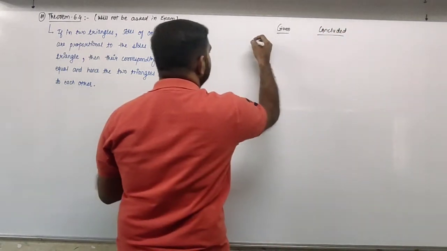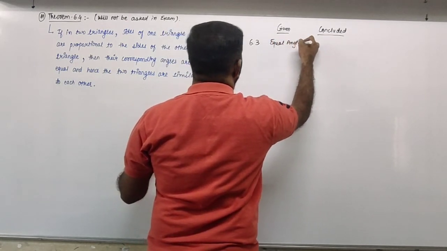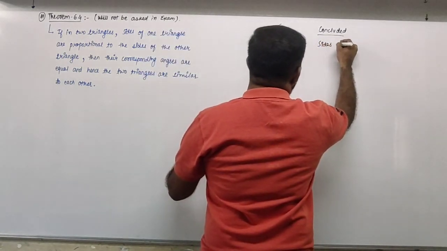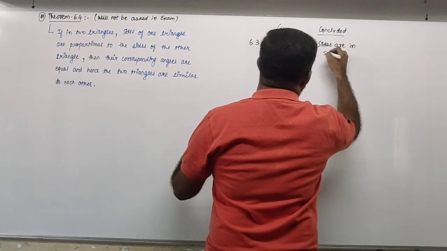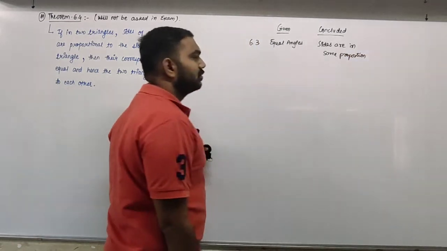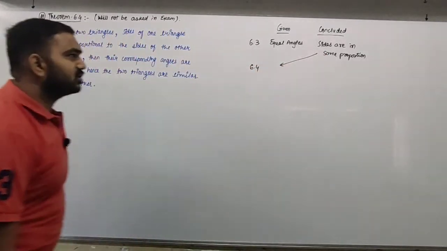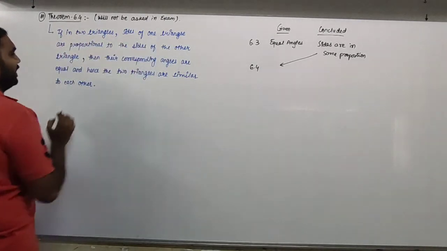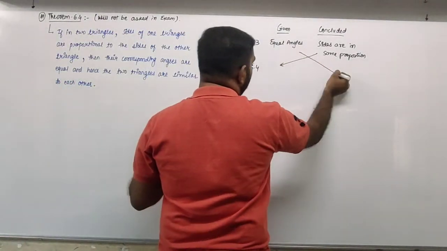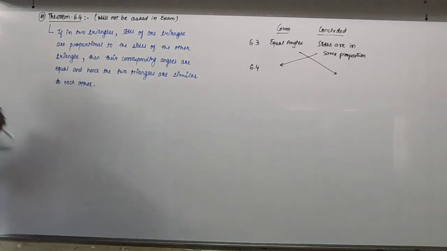What was given and what did we just conclude? Angles are equal and we concluded that the sides are in same proportion. Right? In theorem number 6.4 we were given that sides are in same proportion. You can check that. If in two triangles the sides of one triangle are proportional to the sides of the other triangle, that is given. And what did we just prove? That their corresponding angles are equal and hence the triangles are similar to each other.